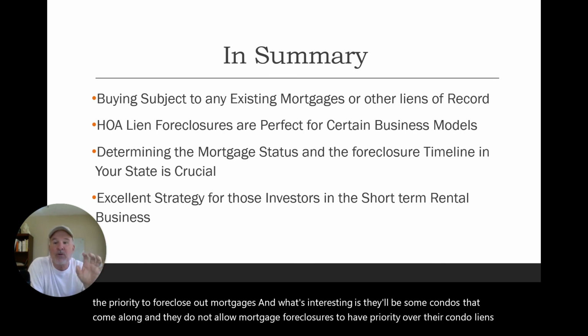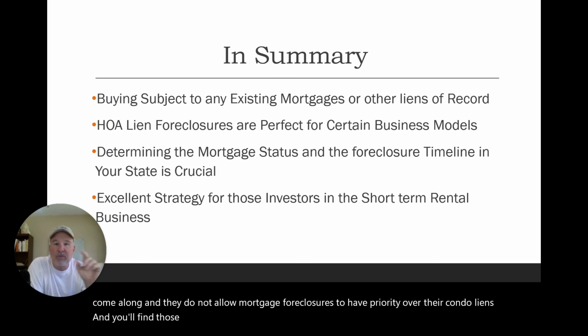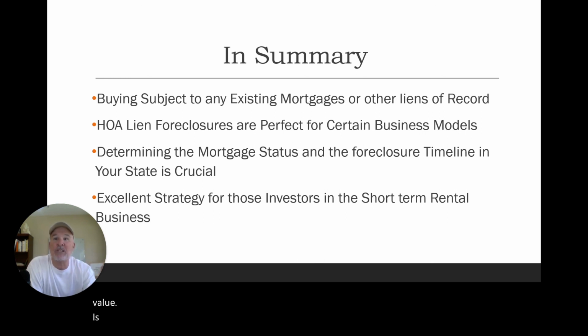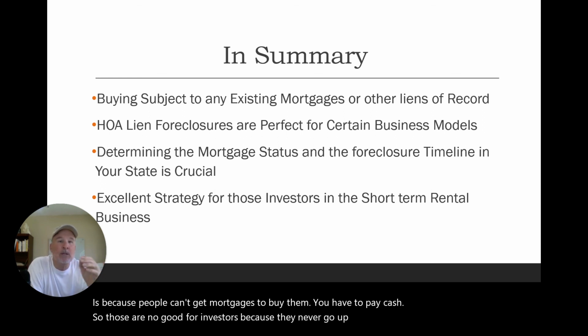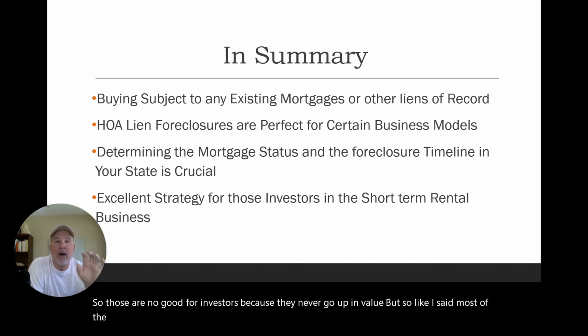You'll find those don't go up in value, because people can't get mortgages to buy them. You have to pay cash. So those are no good for investors because they never go up in value. But like I said, most of the condo liens you're going to buy subject to the existing mortgage.